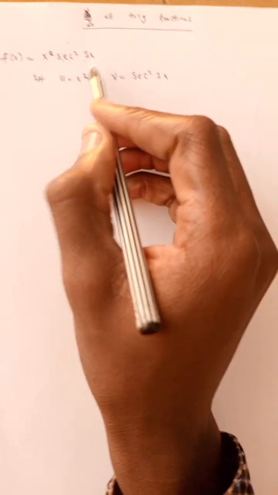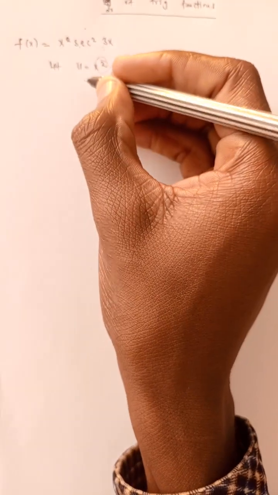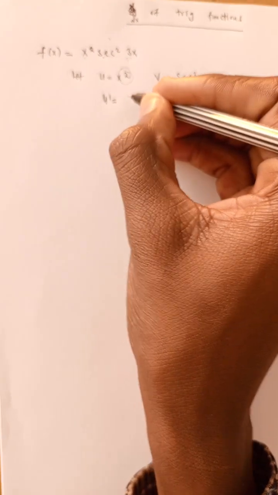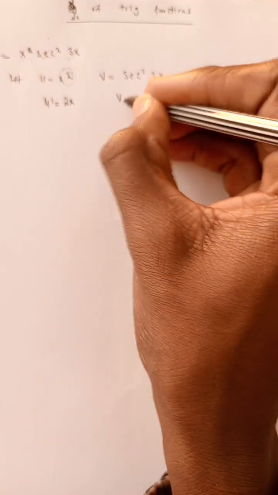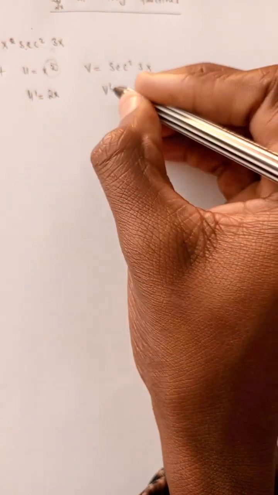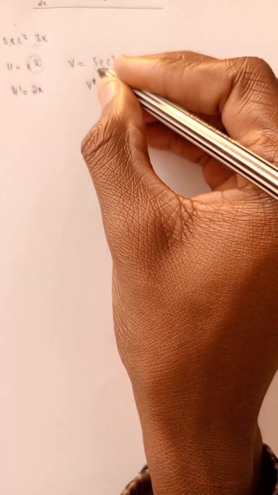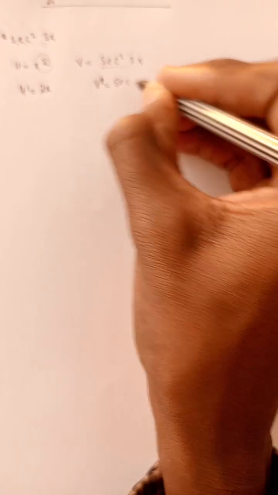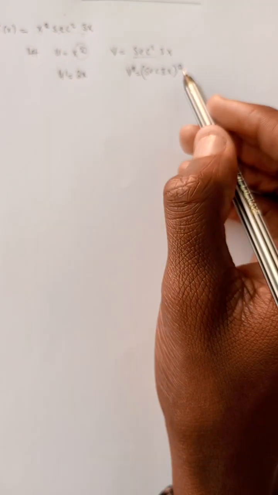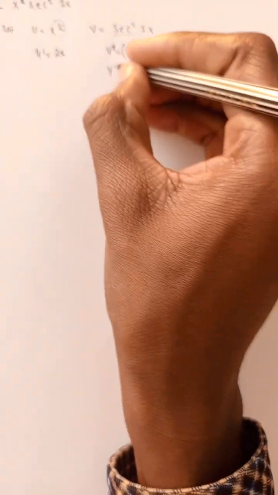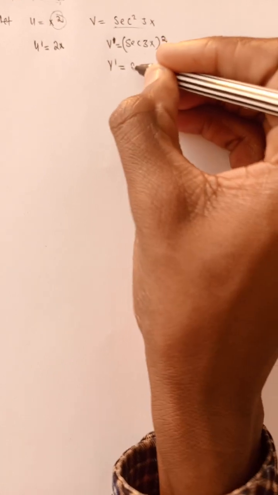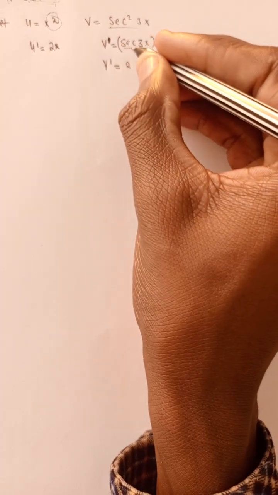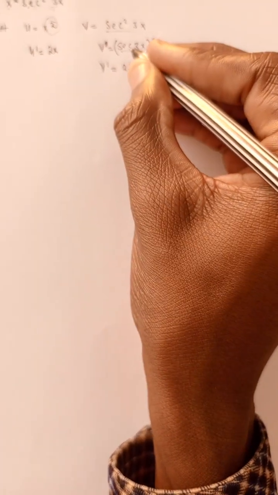So we differentiate, u prime is equals to 2x, and v prime is equals to, sorry, we first have to write that again. We write it as, so we form the chain rule from this. So as I said in the chain rule, this drops the power, then differentiate the inside part.